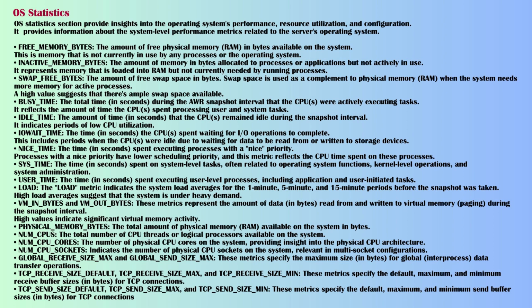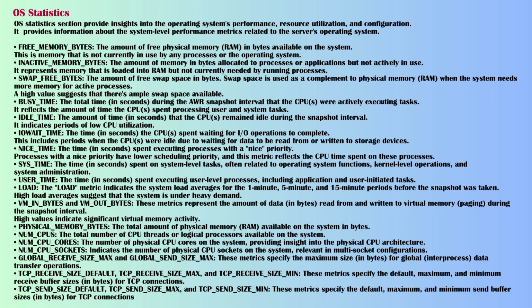IOWait_time, the time, in seconds, the CPU spent waiting for I/O operations to complete. This includes periods when the CPUs were idle due to waiting for data to be read from or written to storage devices. Nice_time, the time, in seconds, spent executing processes with a nice priority. Processes with a nice priority have lower scheduling priority, and this metric reflects the CPU time spent on these processes.